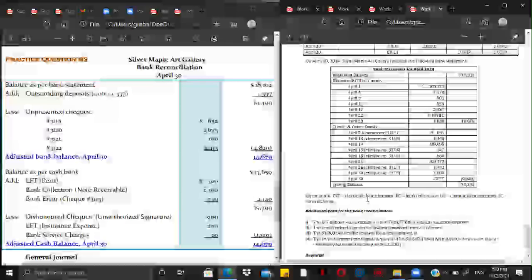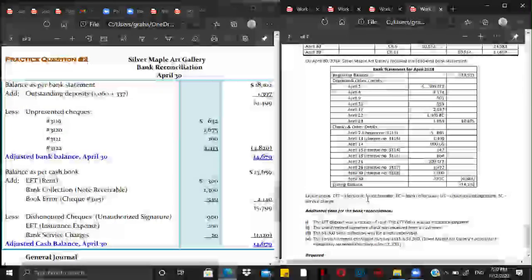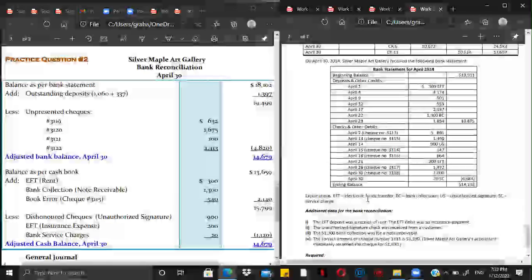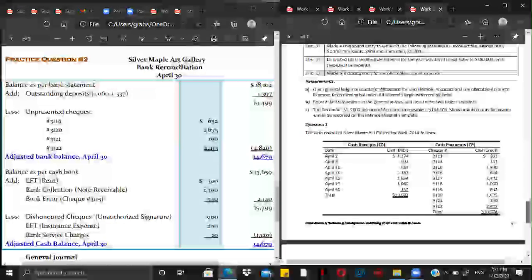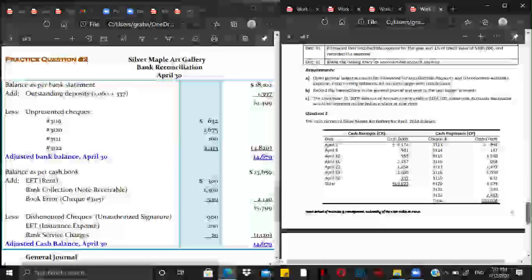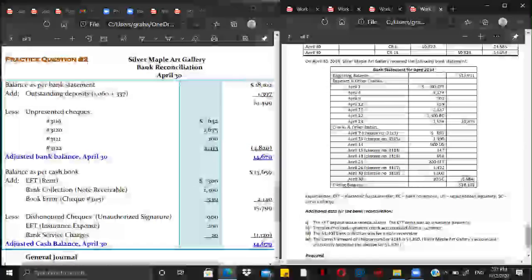So what we have to do now is check if the same amount was on the receipt side in our cash book. So we're going up to our cash receipt, and we're looking on the debit side to see if we received any $300. And as we can see, there is none there. So this needs to be reconciled.